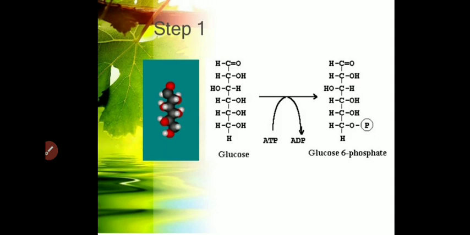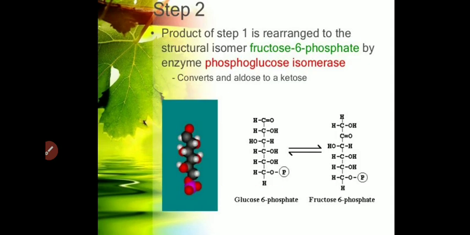This hexokinase enzyme is present in all the cells of all types of organisms, and it converts glucose into glucose 6 phosphate in step 1. When step 1 is completed and glucose 6 phosphate is formed, then glycolysis enters the second step.